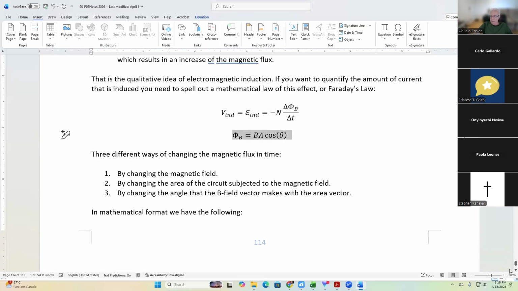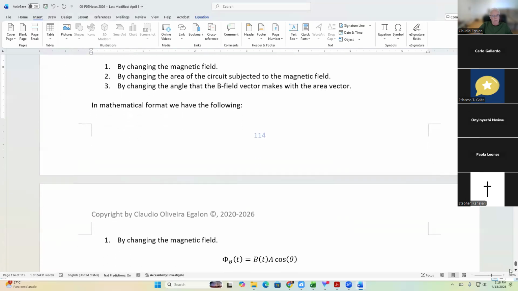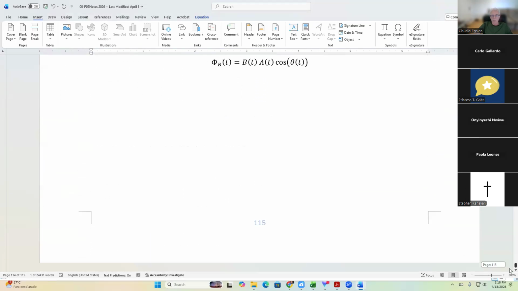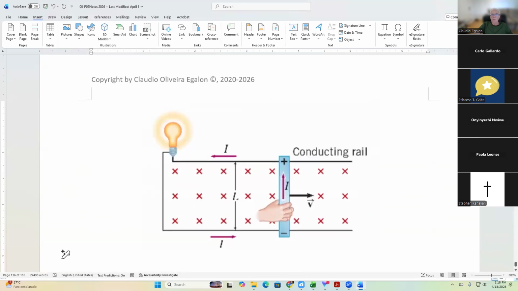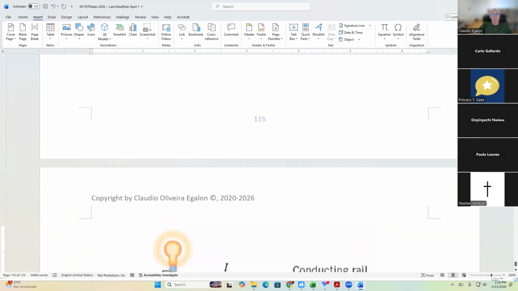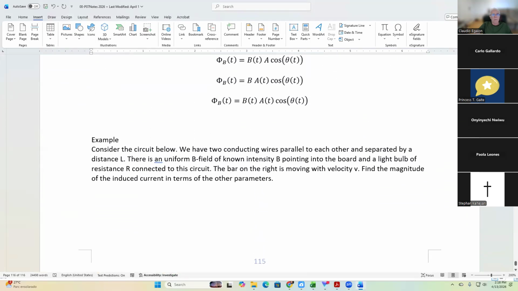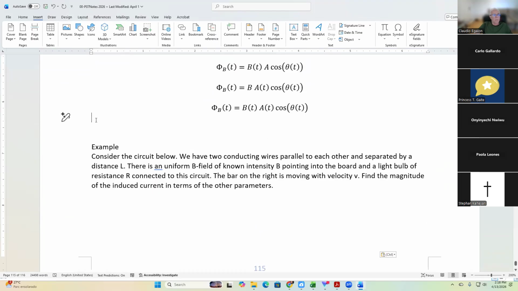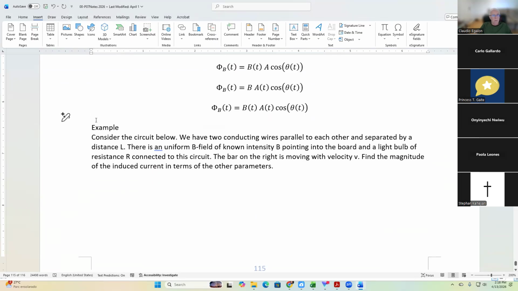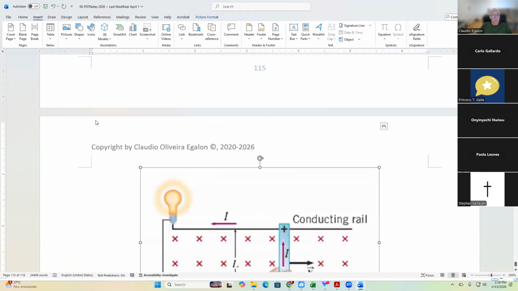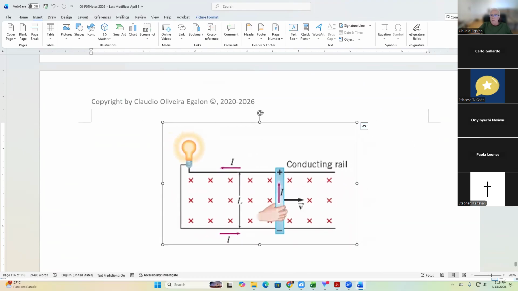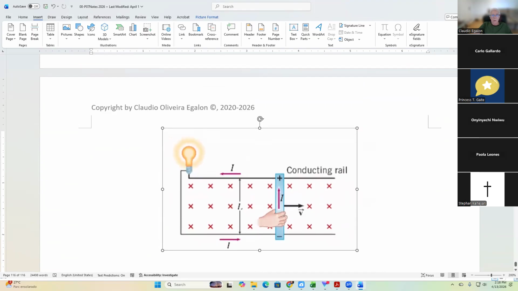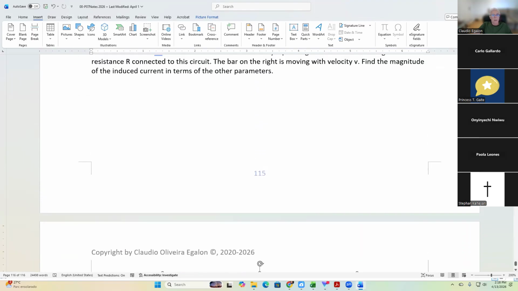This example was taken out of the book. Okay, here we go.